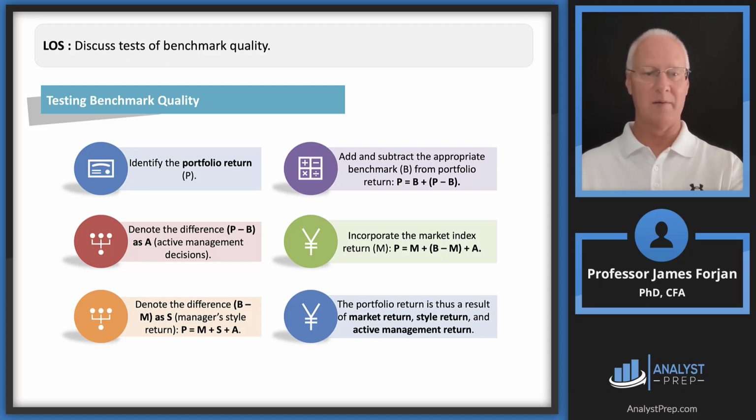So look down at the bottom left. We have P is equal to M plus S plus A, which means the return on our portfolio is compartmentalized into a market return, a style return, and an active management return. You see how we're going to use this model as some extra way of evaluating and attributing, right? This is called attribution analysis.